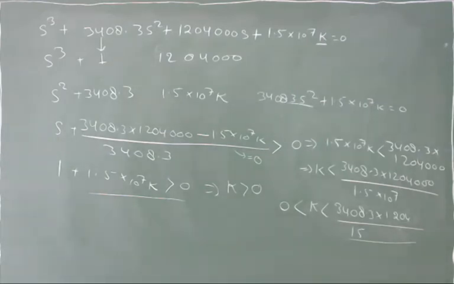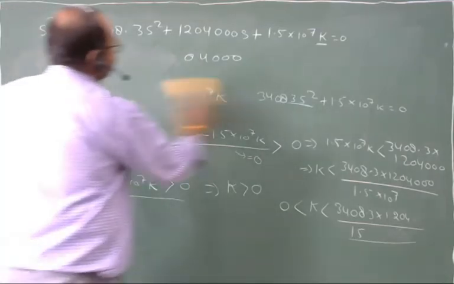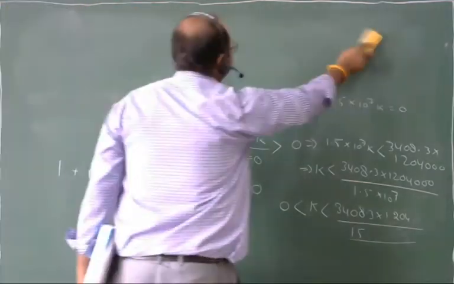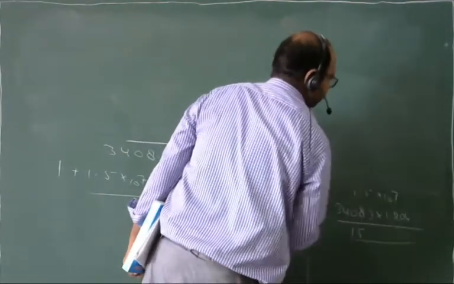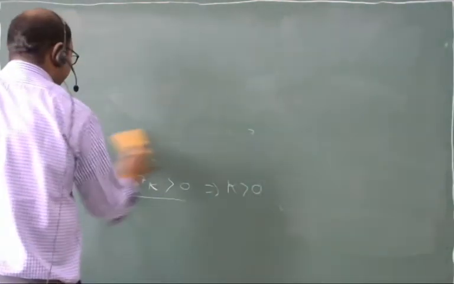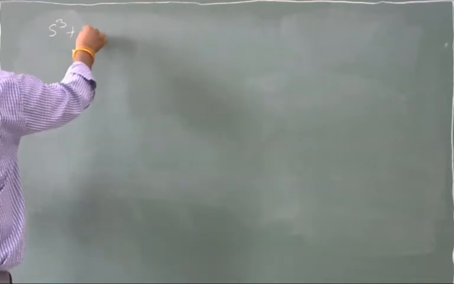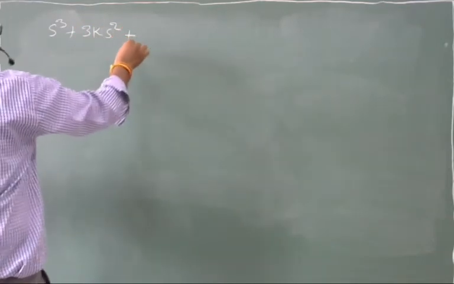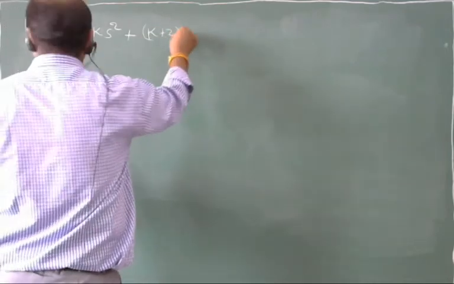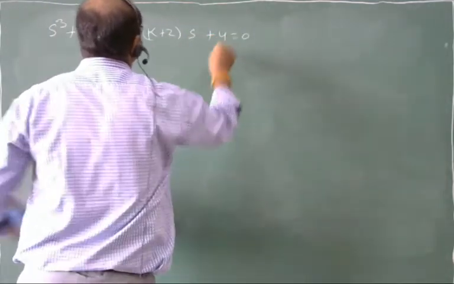So these two or three types of questions can be made from this type of characteristic equation. So let's do one more example. The characteristic equation is s cube plus 3k s square plus (k plus 2)s plus 4 is equal to 0.